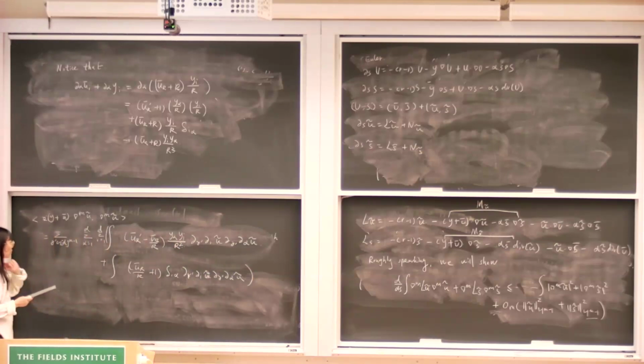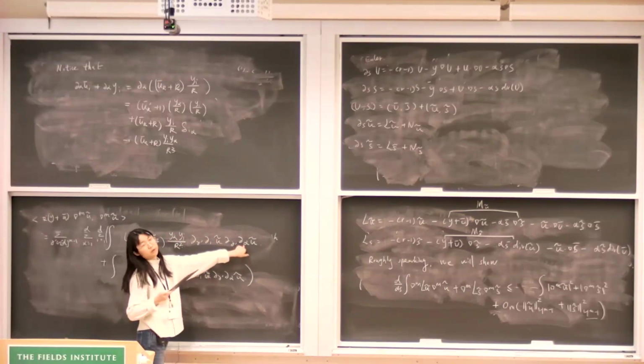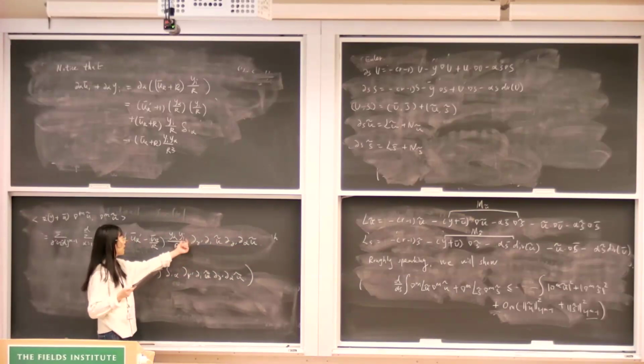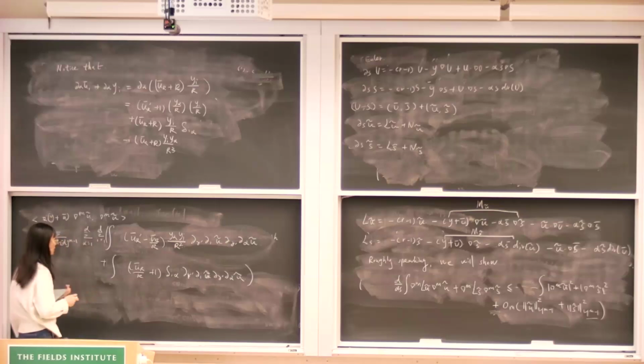We have the following observation: YR over R partial R is just partial R, and also YI over R partial I is also partial R. So the first term will only give you the radial derivative.